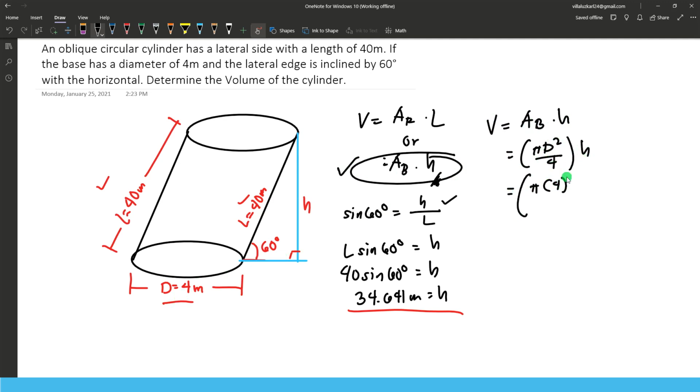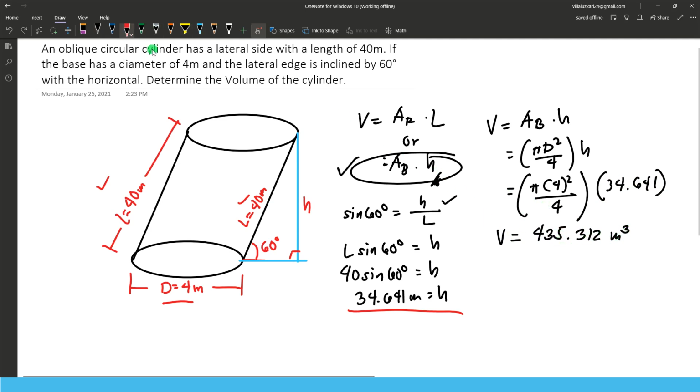So substitute pi times 4 squared over 4 times h, 34.641. Computing that, we have a volume of 435.312 square, sorry, cubic meters. That's in cubic meters.